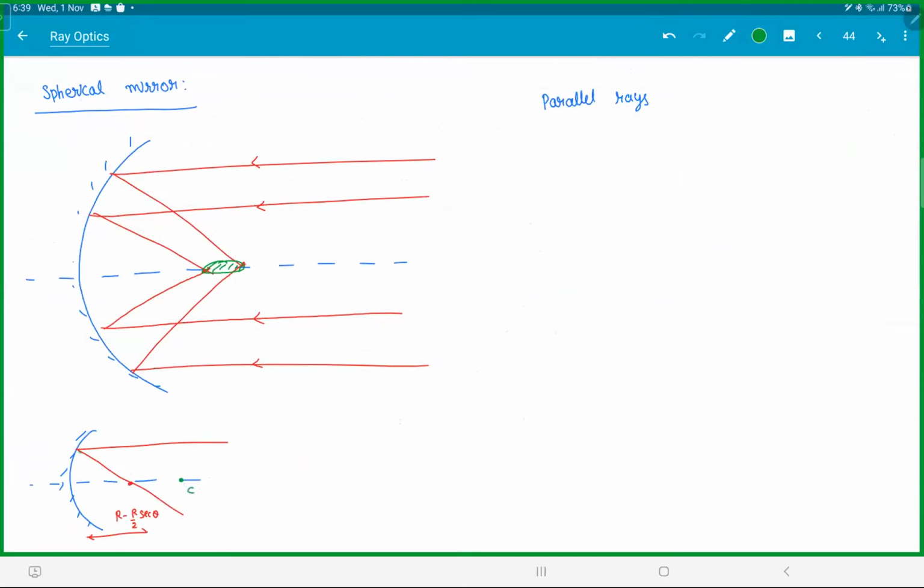This is the center. This was theta. That means for different points of incidence, they meet at different points. Refer page 7. So the parallel rays do not meet at a single point.